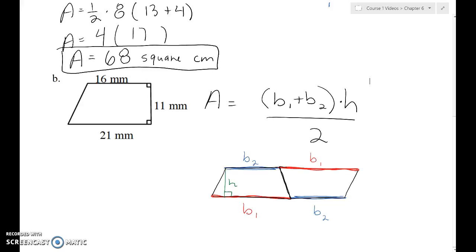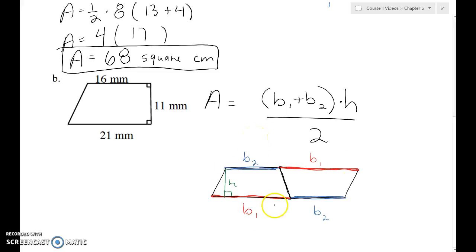Let's just take a look at this one. Instead of cutting the trapezoid in half, I'm going to just double this trapezoid and flip it over and rotate it. So we've got two identical trapezoids, and now we're going to find the area of this guy here.